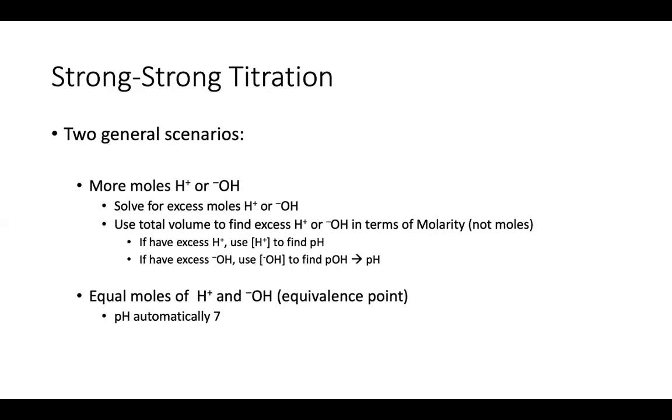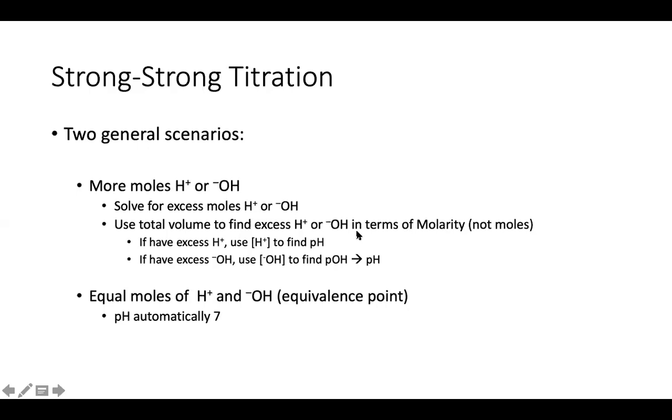It's really important that when you convert to molarity you use your total volume, which in the little example I gave is 100 milliliters of acid plus 200 milliliters of base for a total volume of 300 milliliters or 0.3 liters. Again, that's something that in the stress of an exam you might forget about, but be very conscientious of that.